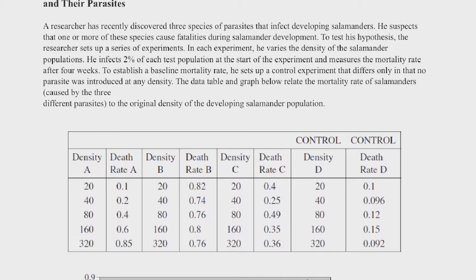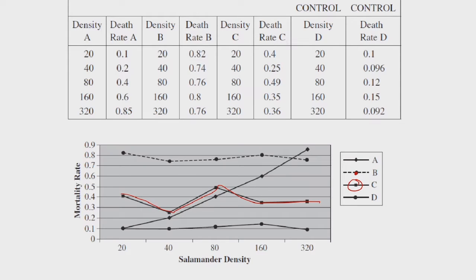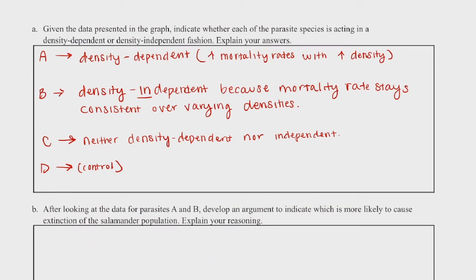If we look at it down here, we can see that D is pretty consistent, and so it is density independent because it shows the same mortality regardless of density.